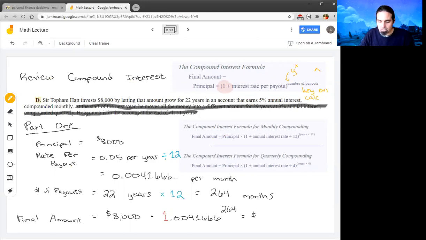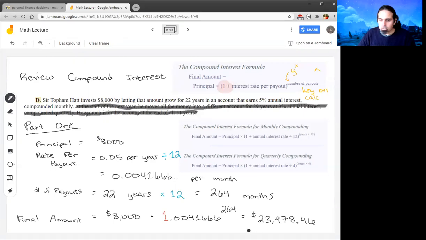Make sure your calculator gets the same answer, because otherwise you'll have trouble on the homework if the calculator is causing problems. So I got $23,978.46. Did you get the same answer on yours? So that's a whole compound interest problem.